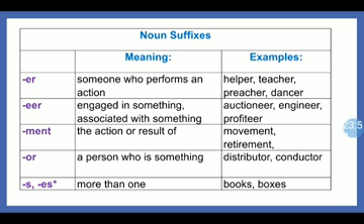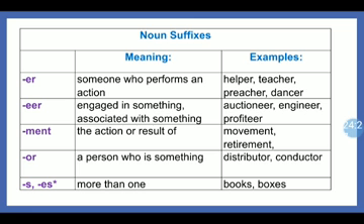Let's go to -eer. And this means engaged in something, or associated with something. So there are two similar meanings here: to be associated with something or engaged in something.